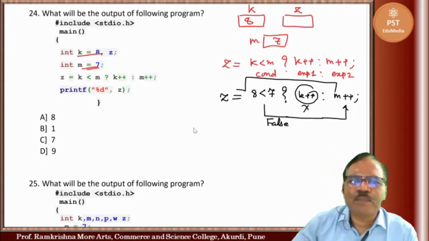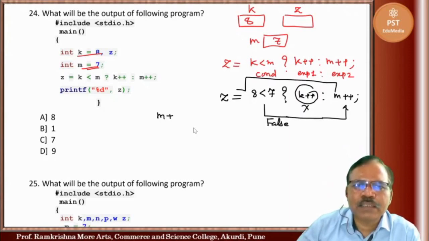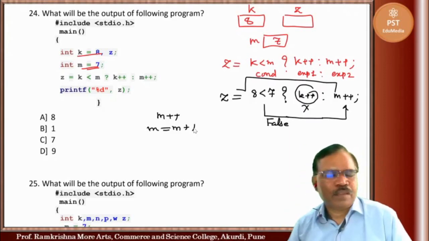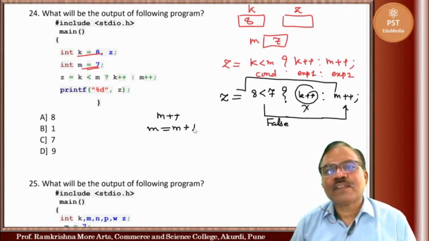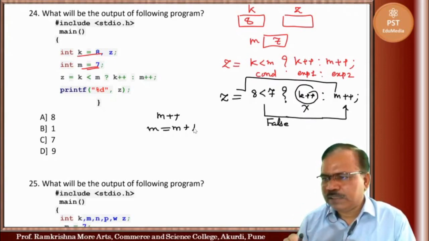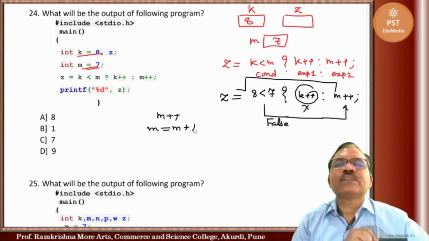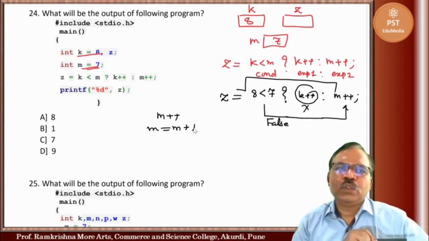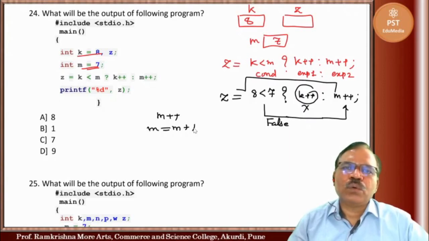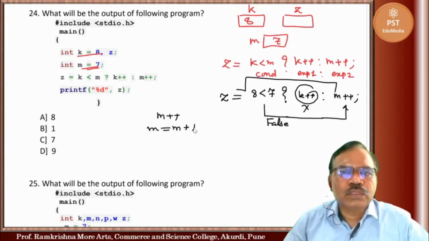Now expression m plus plus means m equal to m plus 1. m is increased by 1. But what happens here? m plus plus means it is post increment. Means first it is used. Used for what? To give value to z.